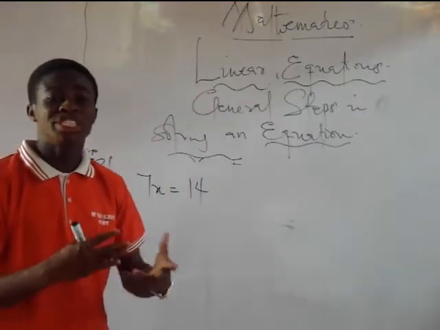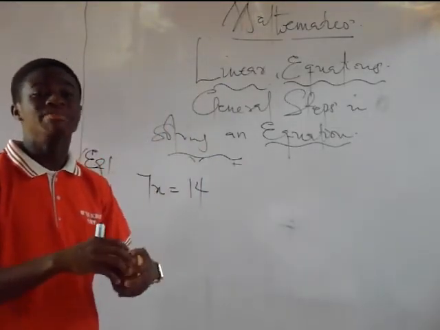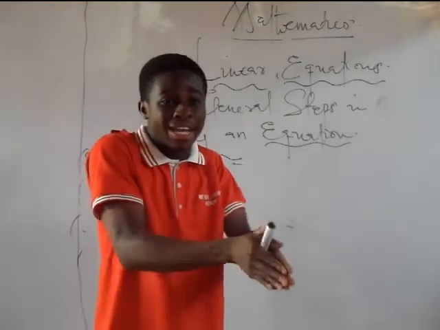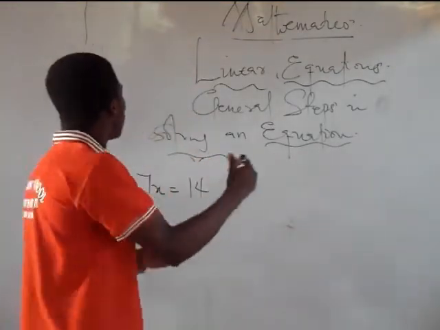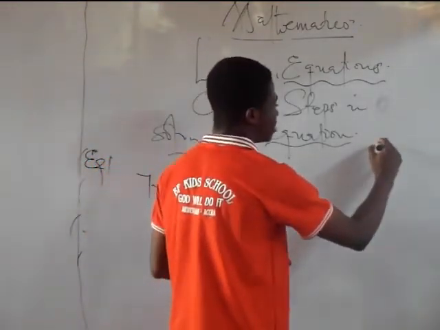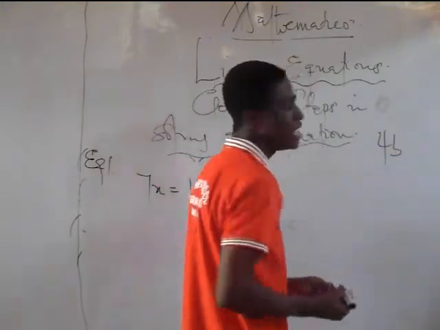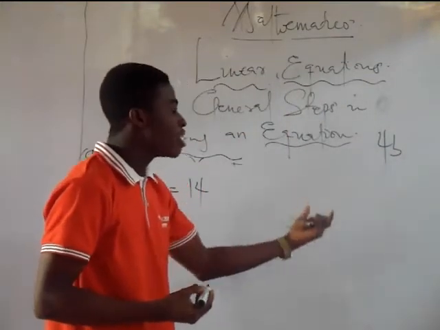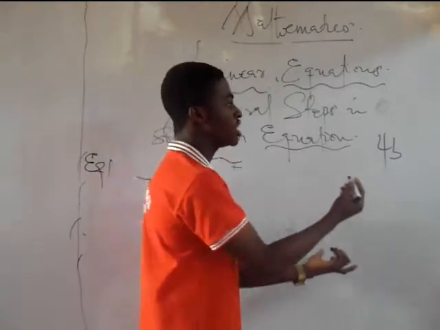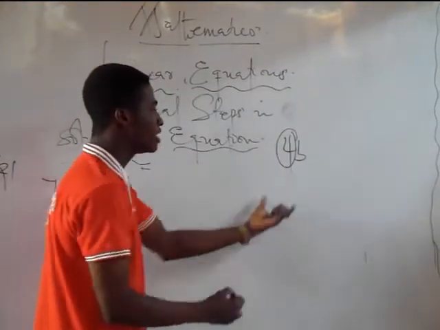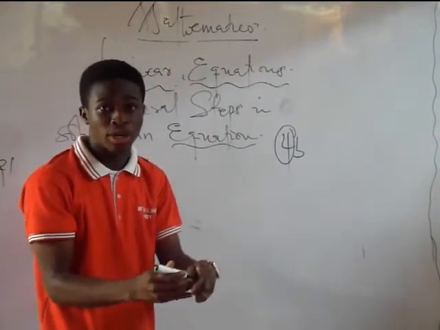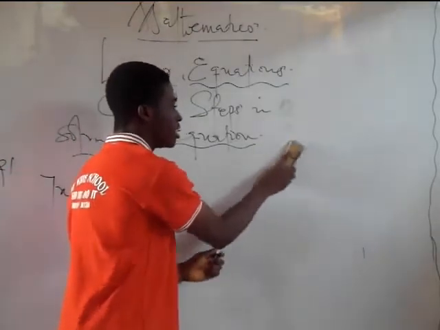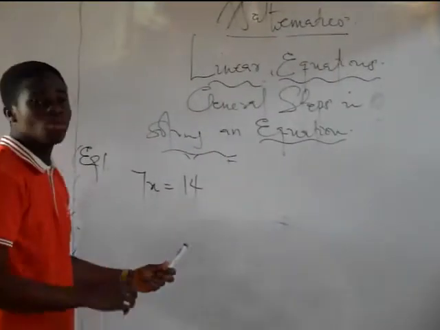Coefficient means a number attached to an alphabet. For example, you have something like 4b, and they ask you to divide by the coefficient of b. You all know that the coefficient of b is what? 4, because the number is being attached to the what? Alphabet.